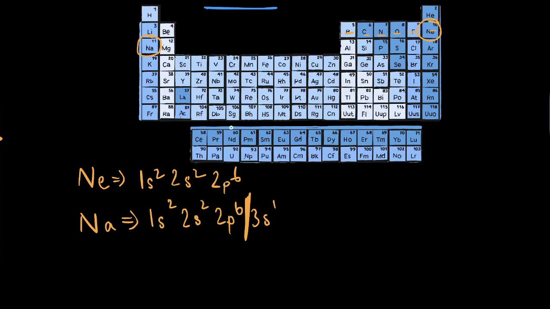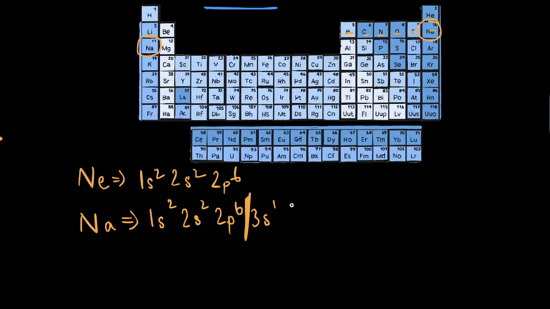This is the electron configuration for neon. So you'll notice this is exactly the same as that for sodium, except for this 3s1 that follows the 2p6.